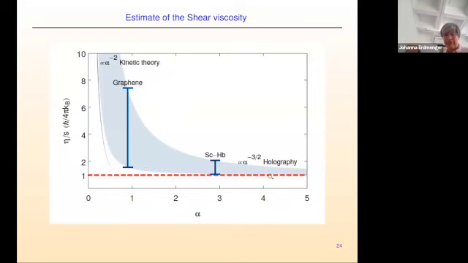And so now, if we go to infinite coupling, the holographic result would be just 1 over 4 pi. But now we calculated this correction, and the correction goes like alpha to the minus 3/2, so it goes like this.